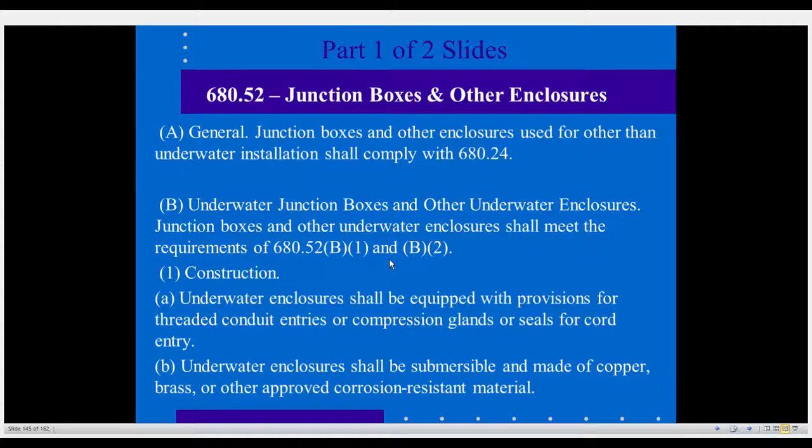Well, what's (B)(1) say? Well, (B)(1) has a construction requirement. There's an (A) and there's a (B). So (A) says, okay, the underwater junction box or other underwater enclosure, the construction, shall be equipped with provisions for threaded conduit entries or compression glands or seals for a cord entry.